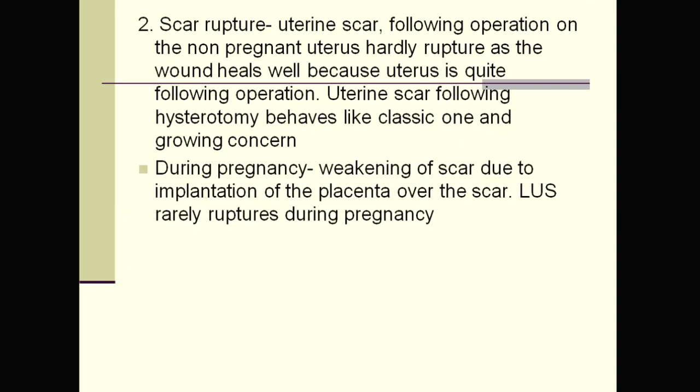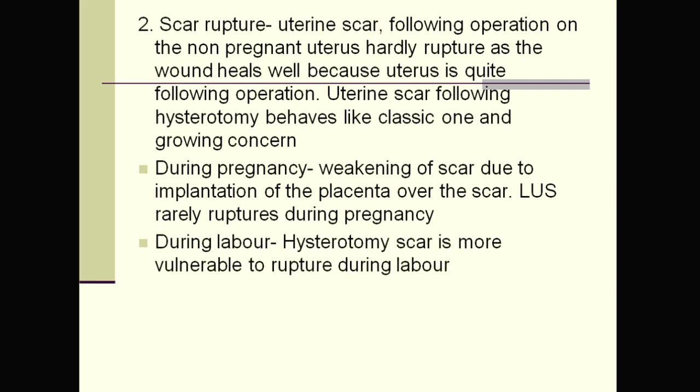During pregnancy, there is weakening of the scar due to implantation of the placenta over the scar. Sometimes the placenta may implant over the scar, so it may rupture. During labor, the hysterotomy scar is more vulnerable to rupture.